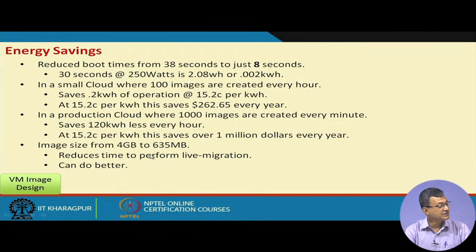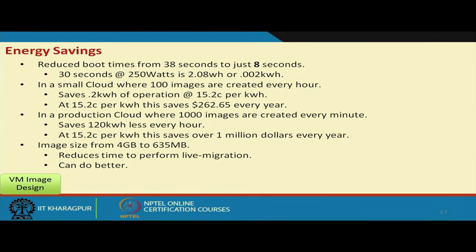This also reduces the live migration cost, as we were saying that live migration comes with a cost, and we can do better. So, what it is trying to say is that all those things make it energy efficient, or give proper resource management without compromising the actual performance.